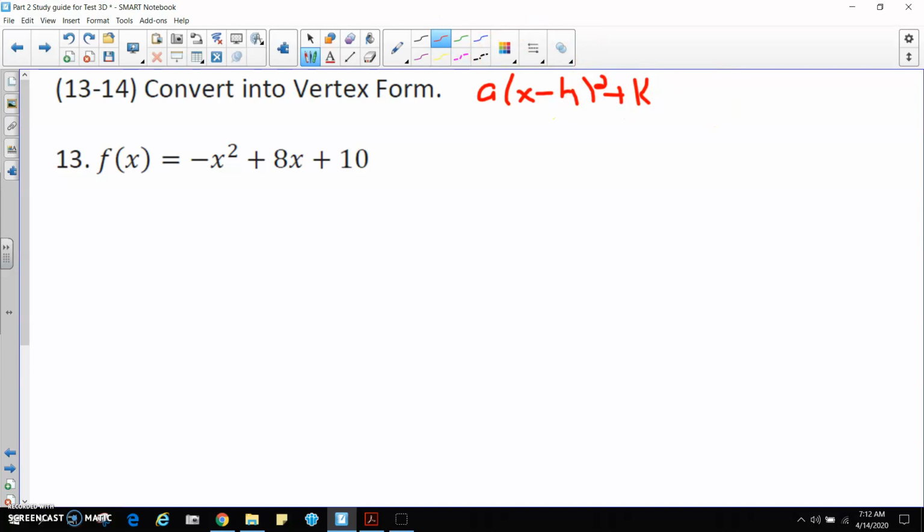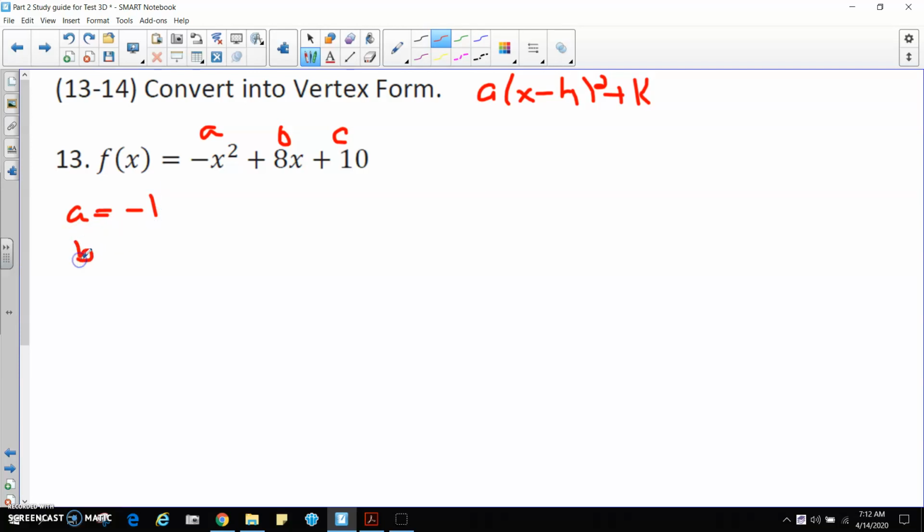In this one, we have an A, a B, and a C, and not an H and a K, so we must find the H and the K. For our A, it's the same. It's just going to be -1.